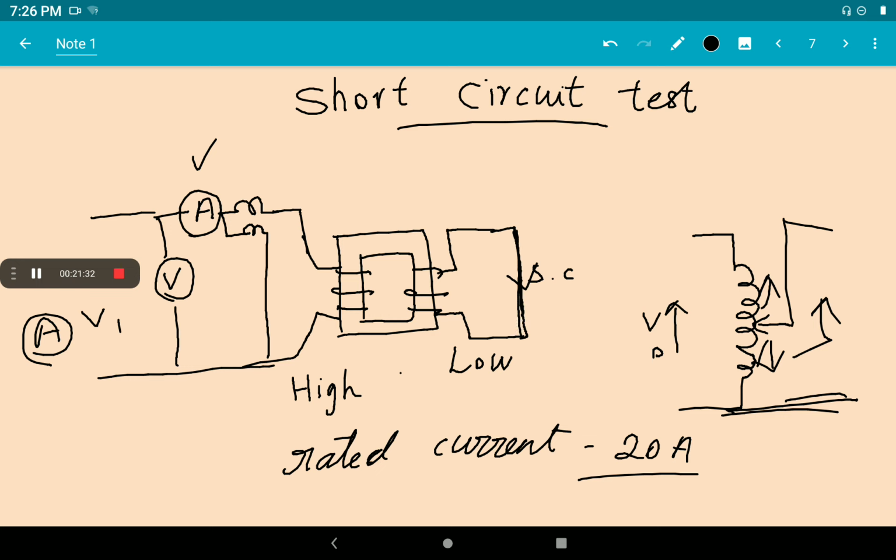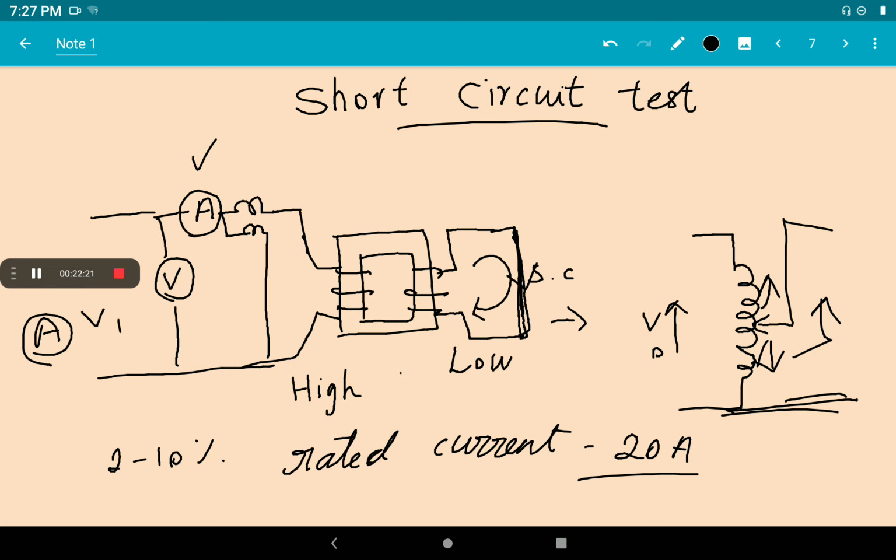So by applying low voltage itself, you have heard of a short circuit. What does short circuit mean? High current will flow there. When we apply a small voltage, a huge amount of current will flow through that circuit because a low resistance path is available here. There is no resistance, just a wire shorted here. With a closed low resistance path, a huge current flows through it. Even if the supply voltage is a small amount, 2 to 10% of our rated voltage, a huge amount of current will flow through the secondary winding. So by applying a low voltage on the primary side, it will produce a huge amount of current.